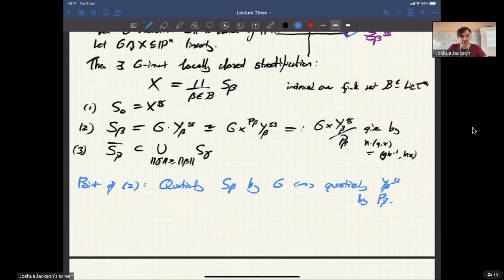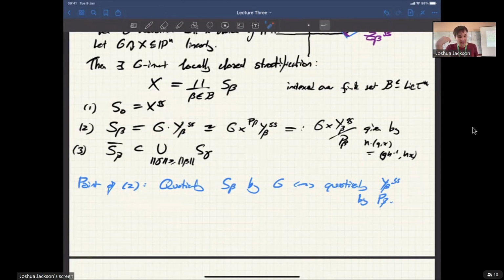We've got some things we want to classify, and we can do the classical reductive GIT to get this moduli of semi-stables, but then we'd ask, what about everything else in this stratification? The obvious thing to try is to get quotients of all the other strata. But the whole point is that these strata are unstable, so we will not get nice quotients if we just try to quotient them by G. The semi-stable locus in here is going to be empty, because the semi-stable locus is exactly this, and we've already dealt with that.